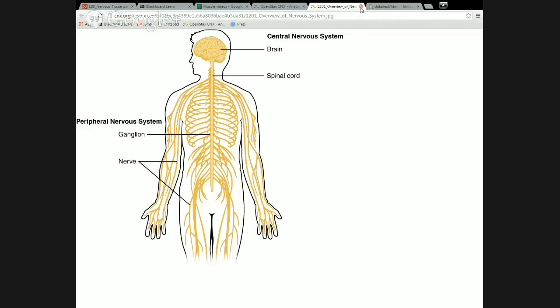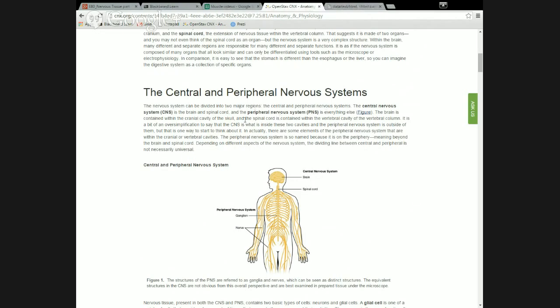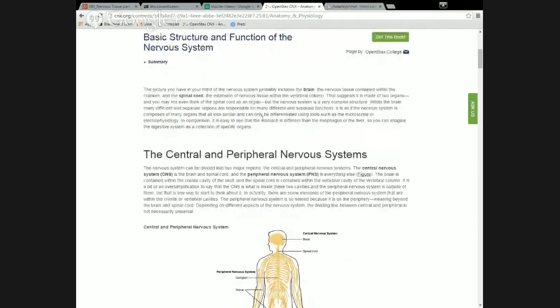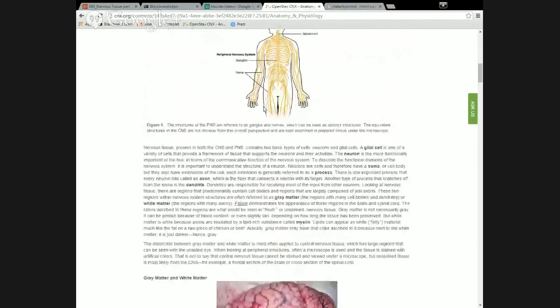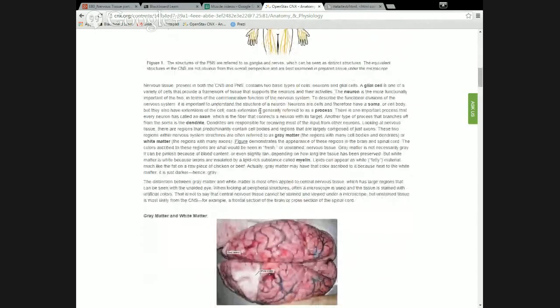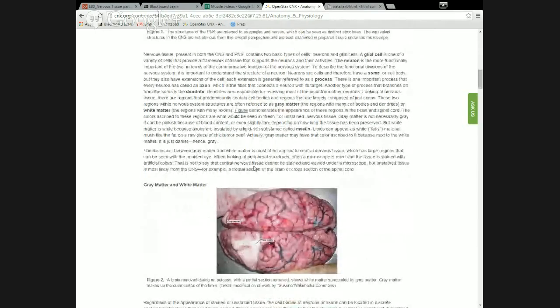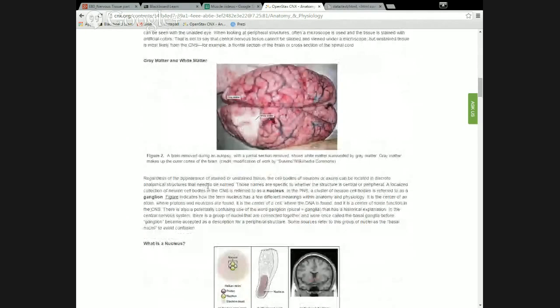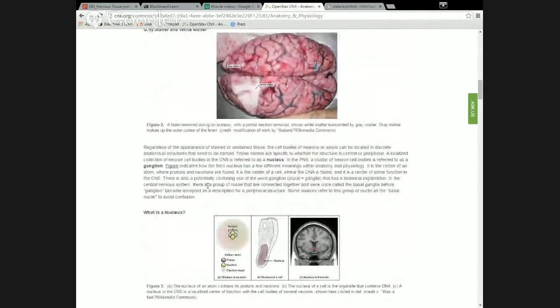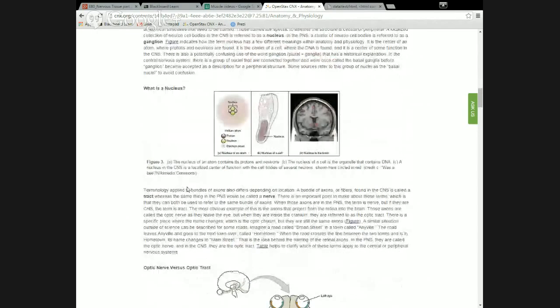Now, part of the reason I'm setting this out is that other books will try to force other divisions into this anatomical division. So in the book, I go into a few other anatomical points like gray versus white matter. We'll talk about that later when we're looking at the structure of the brain.